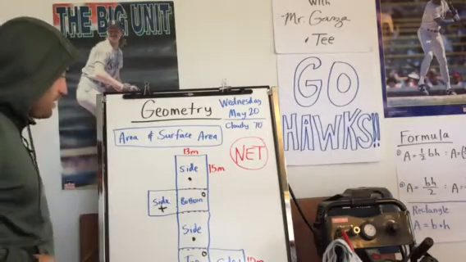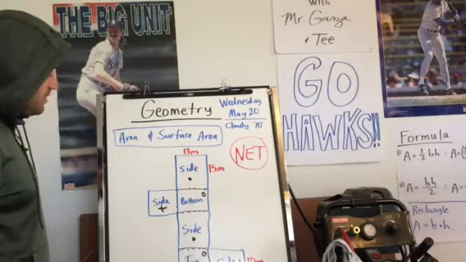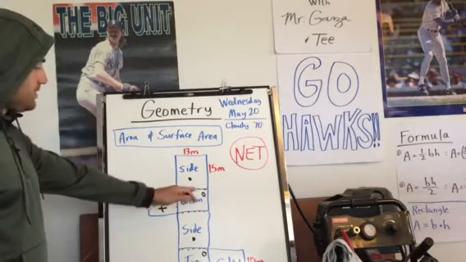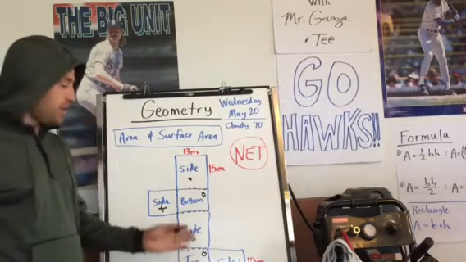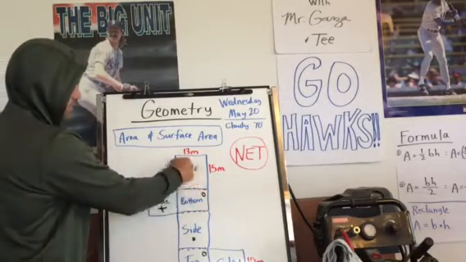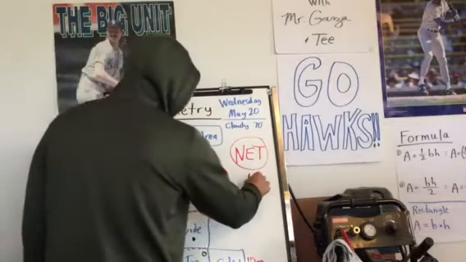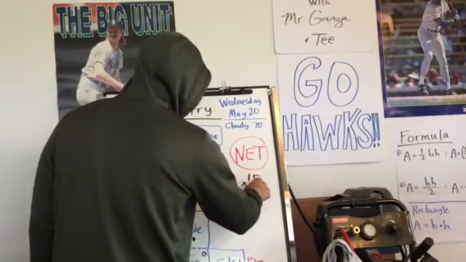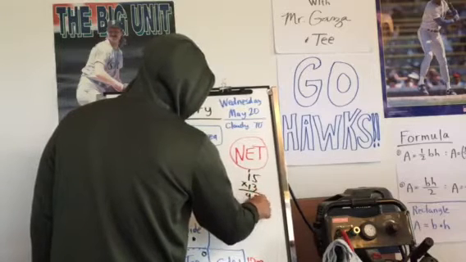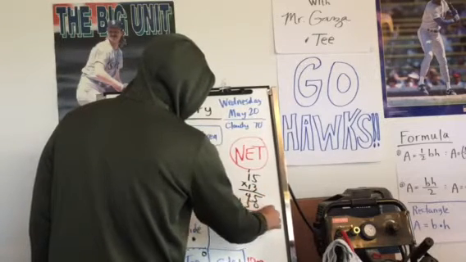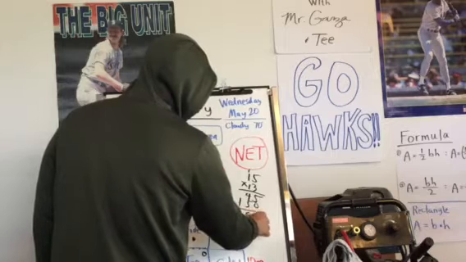Now we just have to figure out what the different sizes are that we'll be looking at. If we look at this shape here, we can find the area of the top, which is 15 times 13. That's 195.